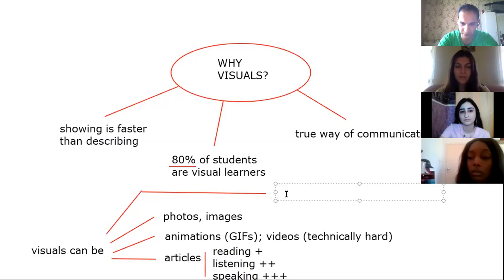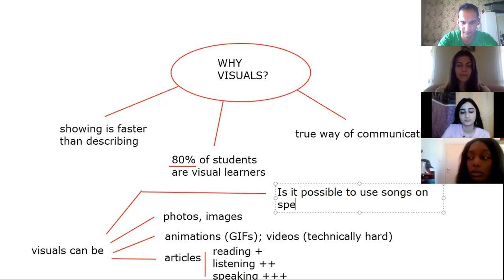Is it possible to use songs or any kind of music? Is it possible to use songs in a speaking class? Yeah, it's also important to add this.